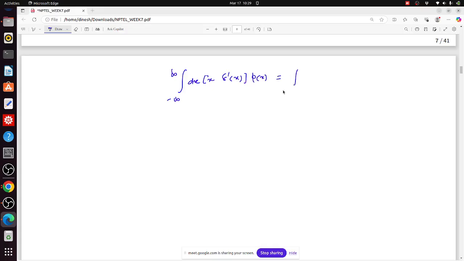That is equal to the integral dx of x phi(x) delta prime(x), which is equal to minus phi(0). So this is consistent with x delta prime(x) is equal to minus delta(x). We could have obtained this result by taking the derivative of the previous result.